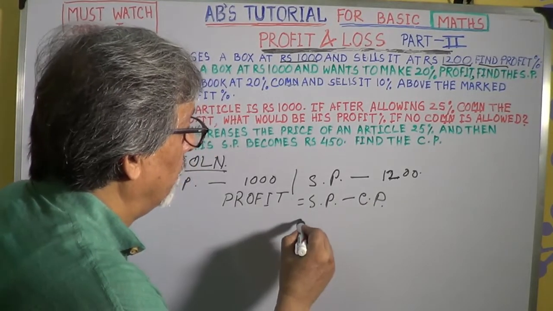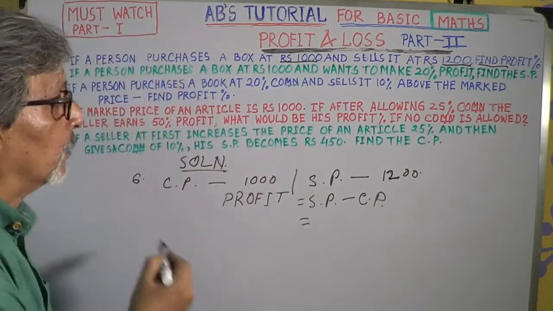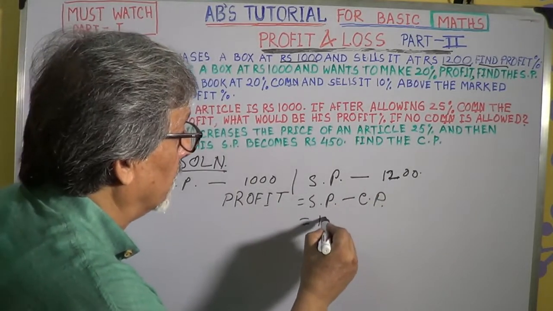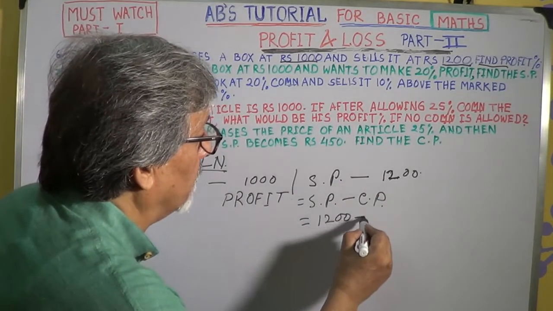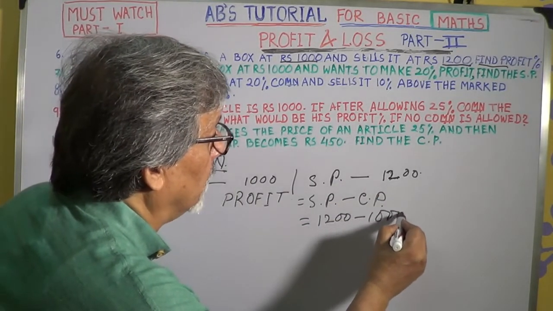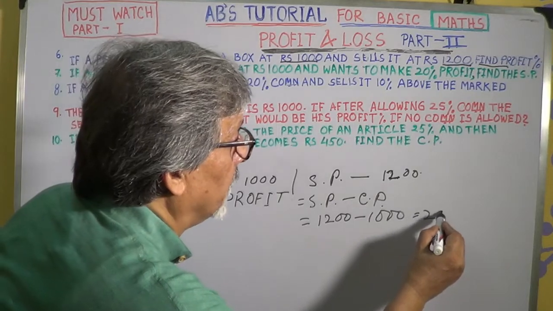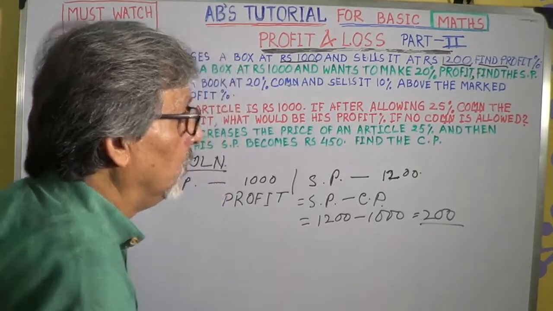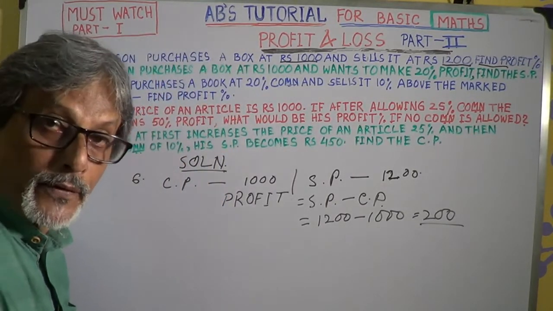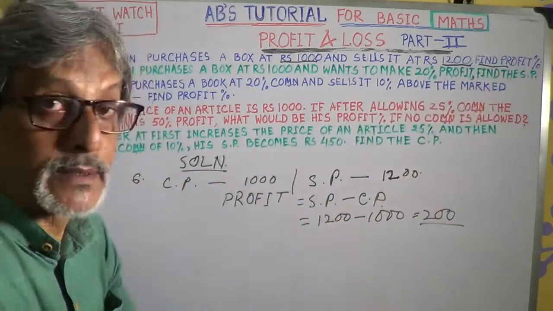SP minus CP, we have discussed this in our part 1. Here SP is 1200 minus rupees 1000. So this gives us rupees 200. This rupees 200 is our profit, and we have to find out the profit percentage.